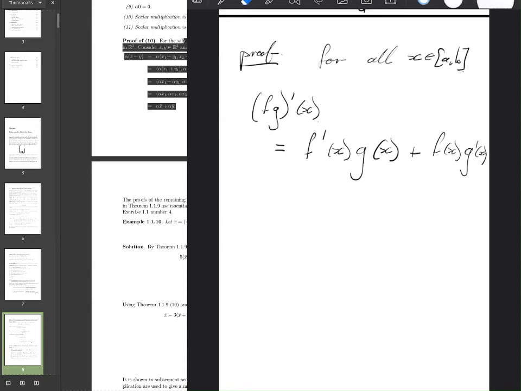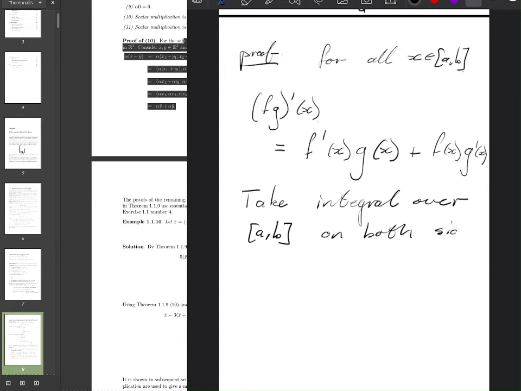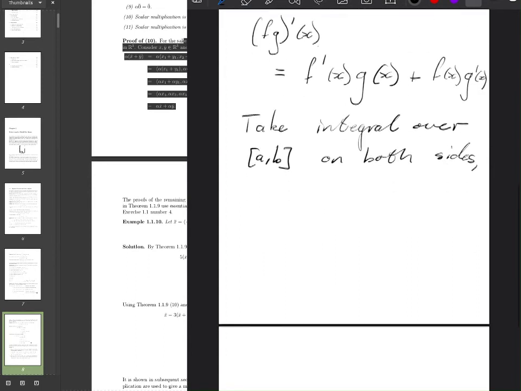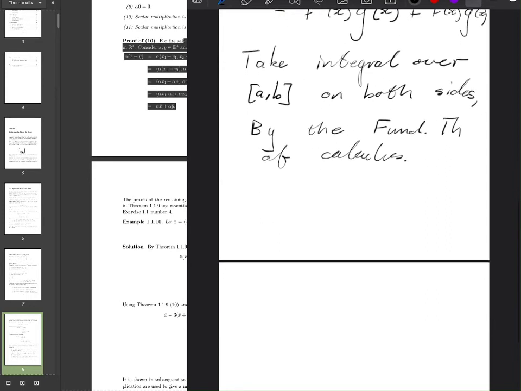Actually, before I do that, let's write down what we are doing. Take the integral over [a, b] on both sides. Then by the fundamental theorem of calculus, we get the following.